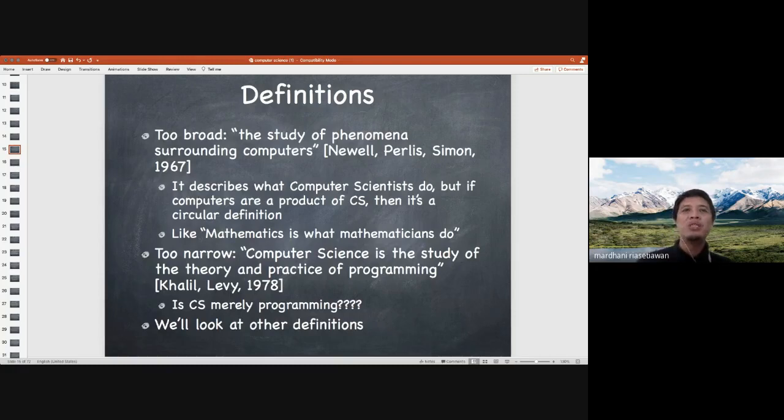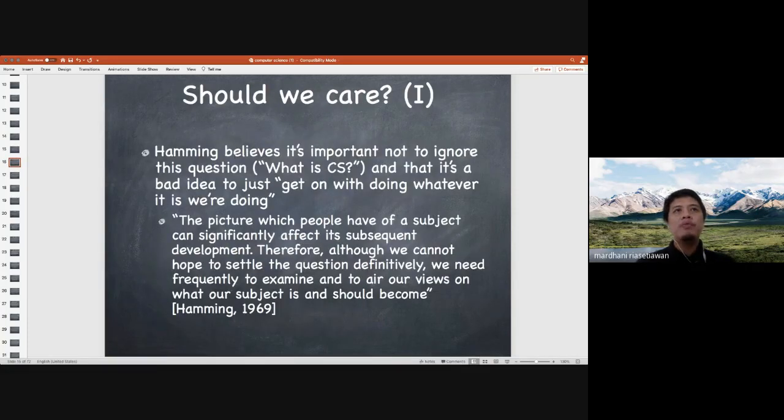You can see we have a lot of differentiation in the computer science process. And we also have Hamming, who believed it's important not to ignore the question of what computer science is, but to just get on with doing whatever it is we are doing.